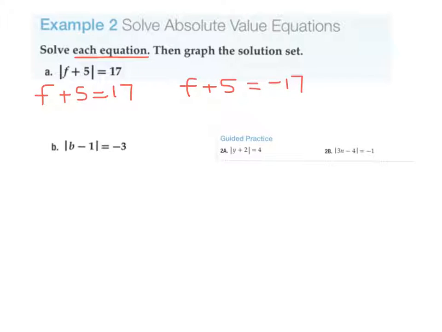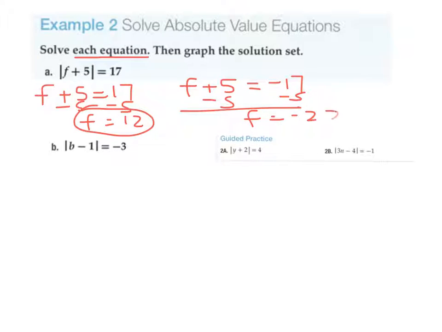Now we solve this equation, so minus 5, so f equals 12 in this case. And then if we do a minus 5 and a minus 5 over here, we get f equals a negative 22. Basically, both of these answers will work. Both of them will work for this problem because there's two distances.